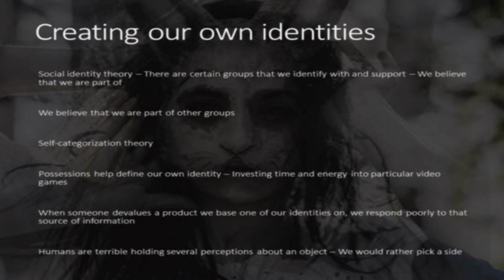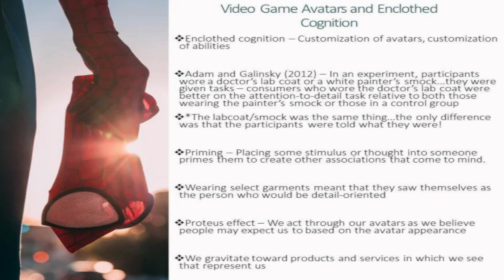Let's keep going. Video game avatars and enclothed cognition. So, enclothed cognition is this idea that our thoughts, our identities, our extensions of ourselves can be clothed and adopted into avatars. So, in an experiment to illustrate this, people were asked to wear a doctor's lab coat or a white painter's smock.